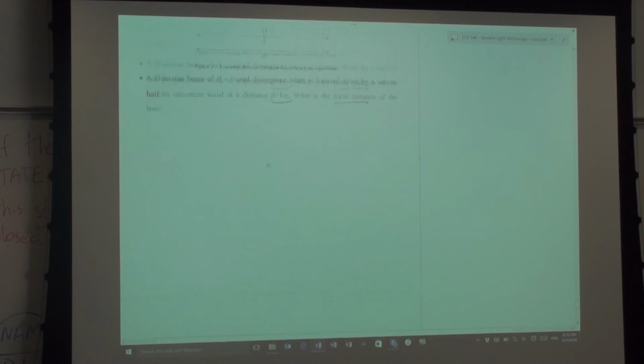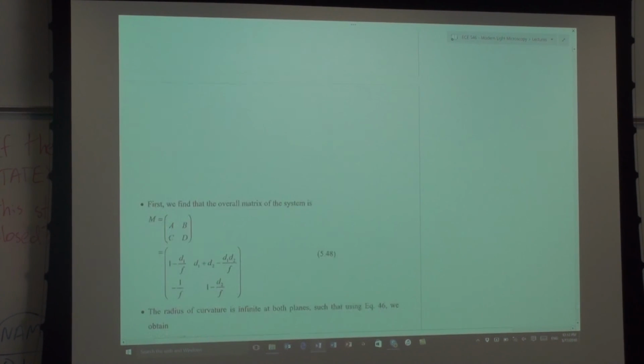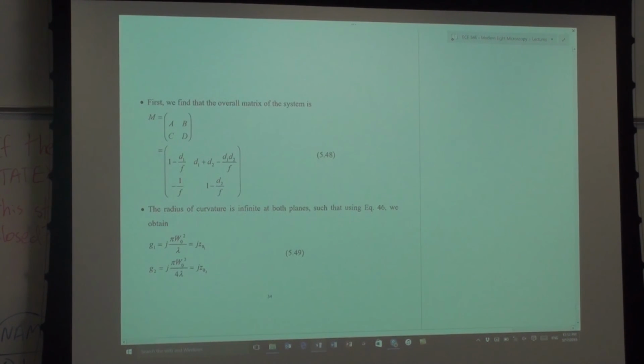It turns out that if you do that, and you call this D1 from here up to here, and then you call this D2, where D1 plus D2 equals D, that matrix looks exactly like this.